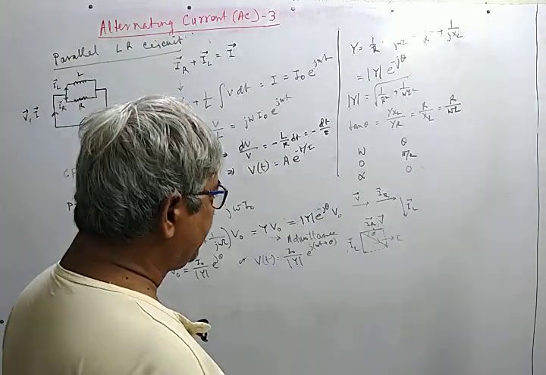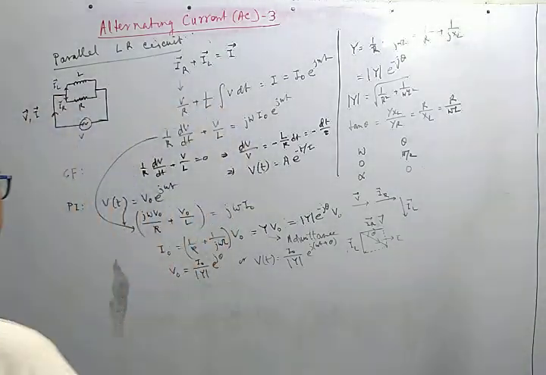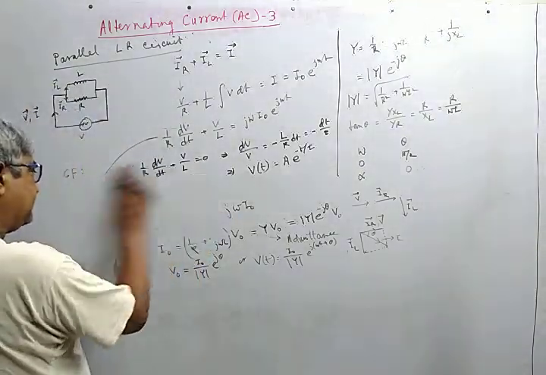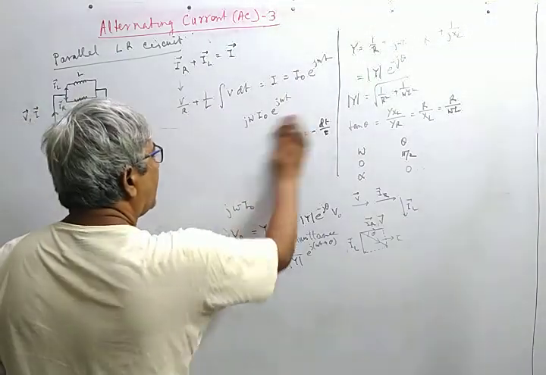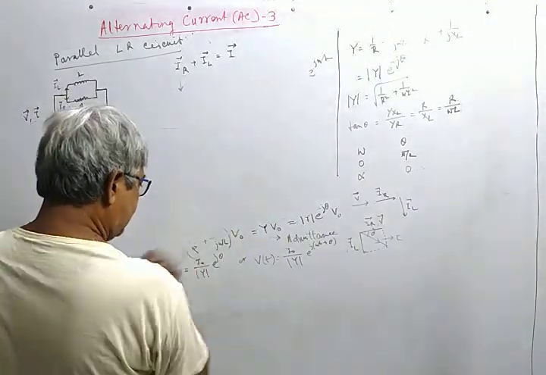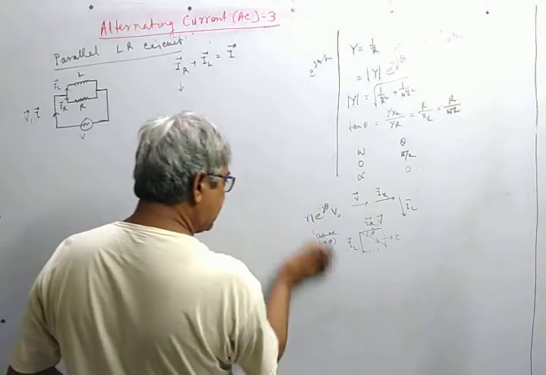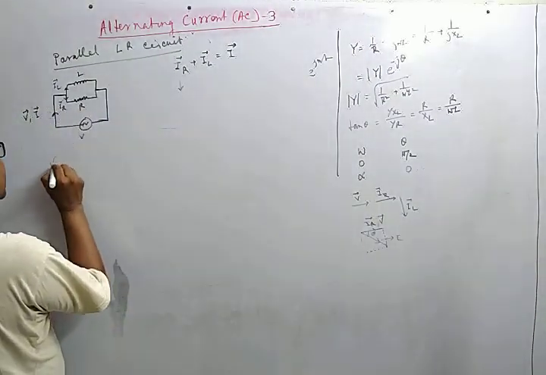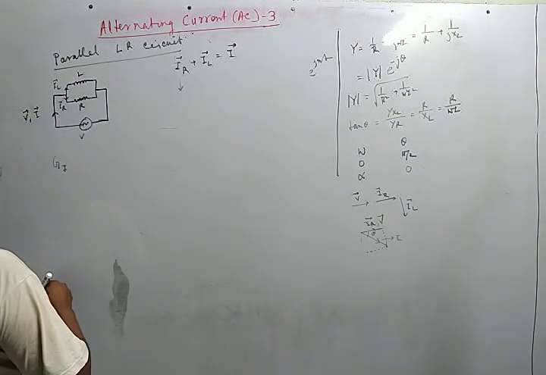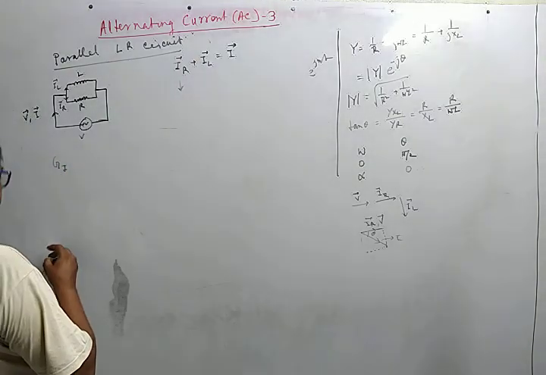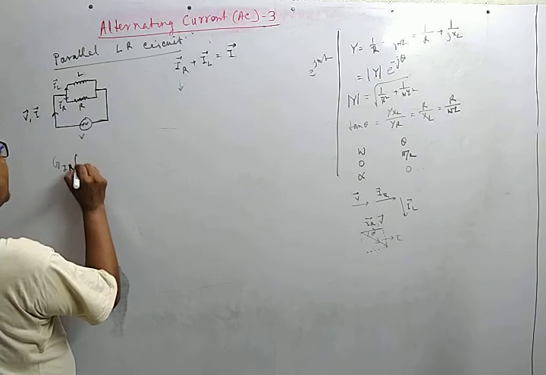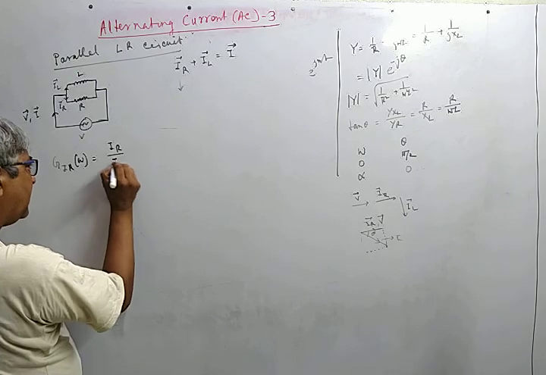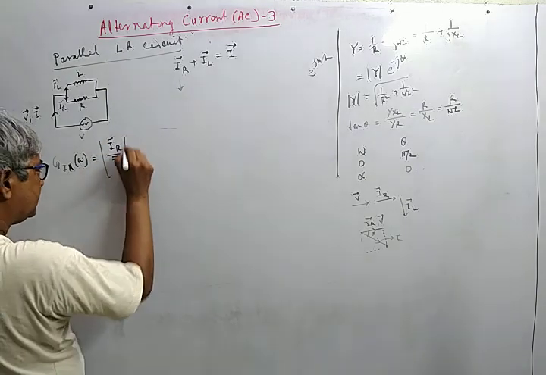And similarly, we can define the current gain across the resistor and the inductor. In the case of series circuit we define voltage gain. Here we define the current gain GIR, which is a function of omega, IR by I, the same definition.